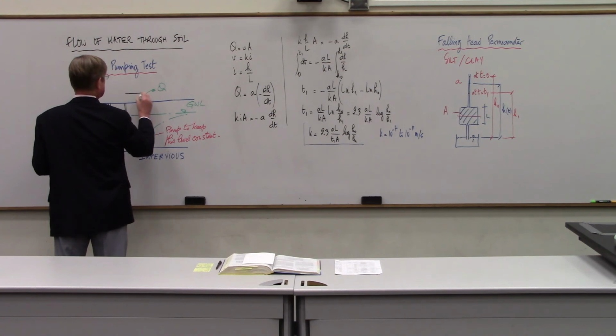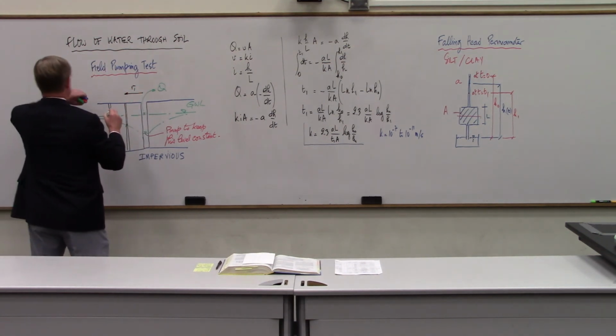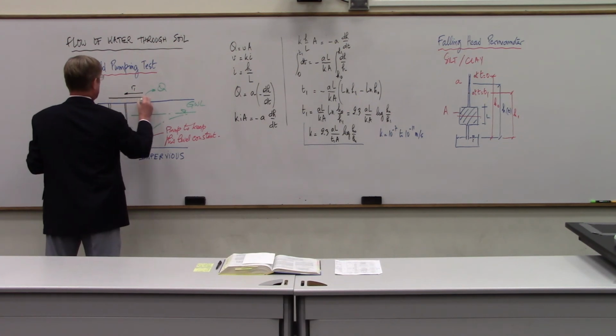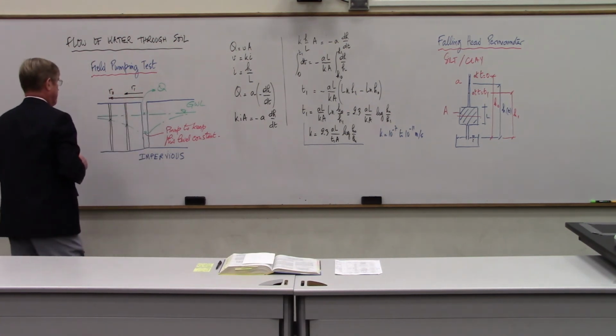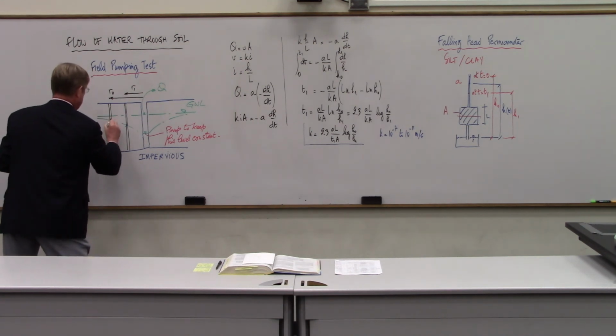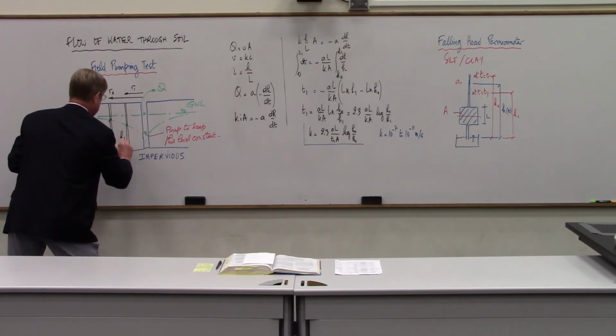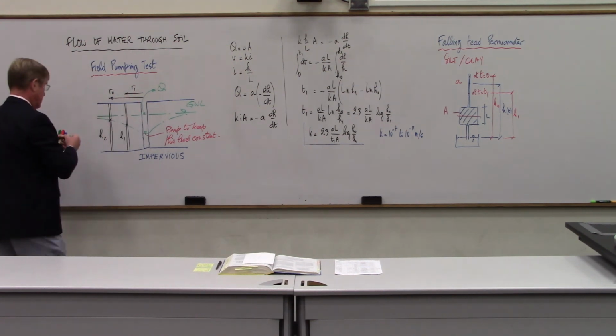So this distance here is R1. And this distance here is R2. And then this height from here to there is H2, corresponding to R2. And this height here is H1, corresponding to R1.